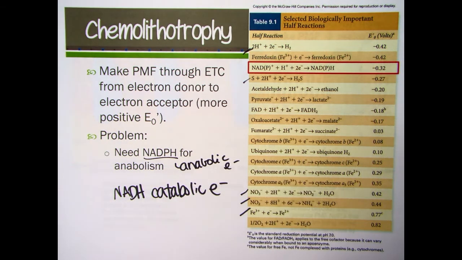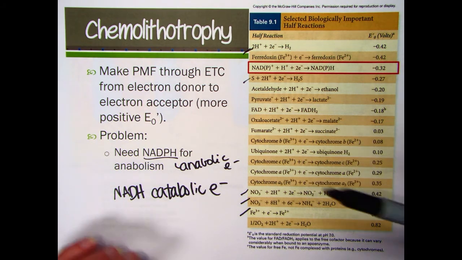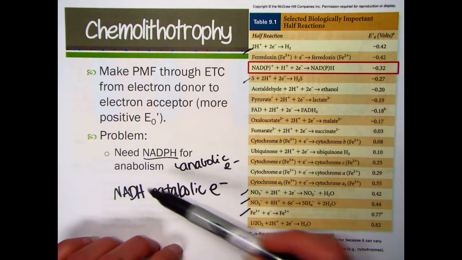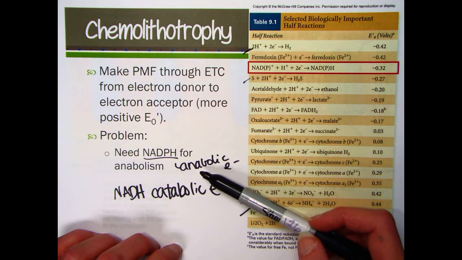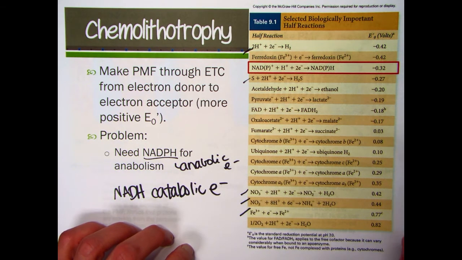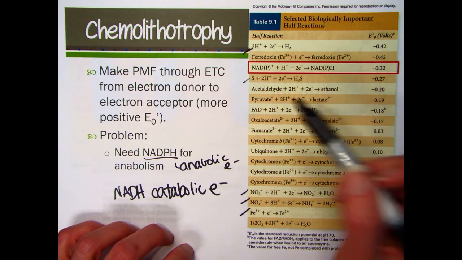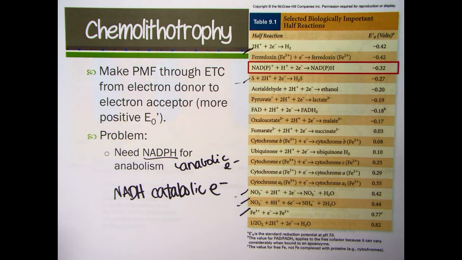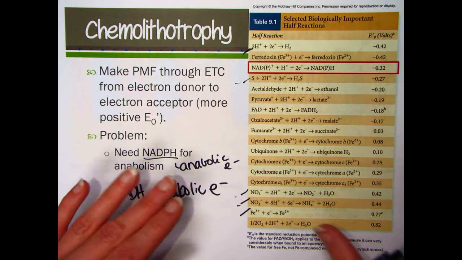These cells are in a pickle because they need to make stuff, and they cannot easily produce NADPH as an anabolic electron donor if they are starting with some inorganic compound that already has a more positive reduction potential than the NADPH. So that is the biggest problem for chemolithotrophs: how to generate NADPH.